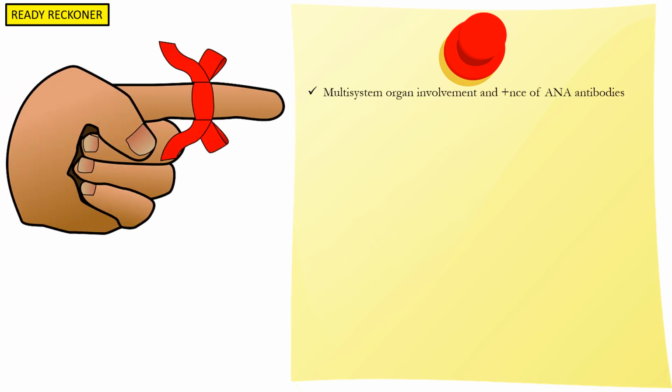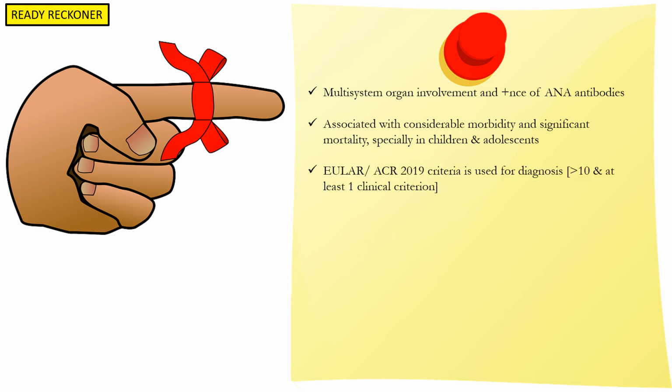So revising our ready reckoner, SLE is a disease with multi-system organ involvement and presence of ANA antibodies. It is associated with considerable morbidity and significant mortality, especially in children and adolescents. The EULAR/ACR 2019 criteria is used for diagnosis.